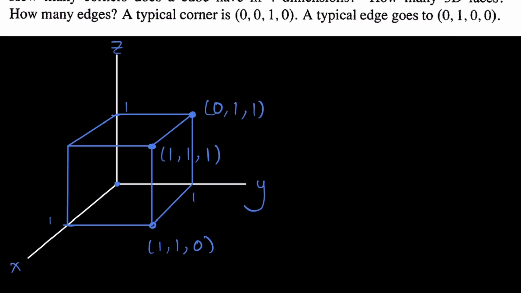So let's list out the permutations of 0s and 1s we can have in a 3-component coordinate. We have 0, 0, 0, and I'm going to list out the rest. You can try this yourself first.